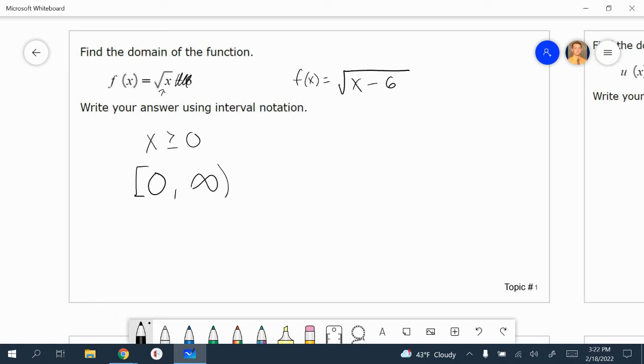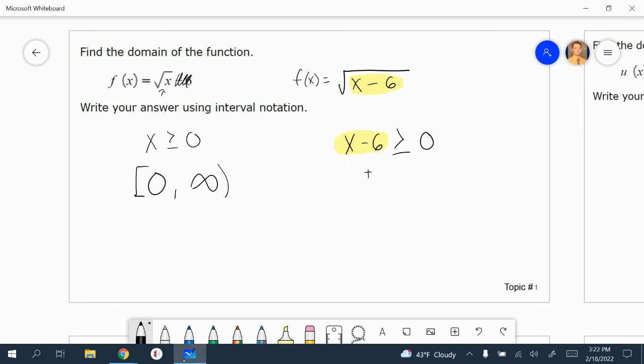On this second example, we have x minus 6 under the radical. So all of that, the x minus 6, is going to have to be greater than or equal to 0, because whatever this highlighted part turns out to be, we just know that it has to be greater than or equal to 0 to work.